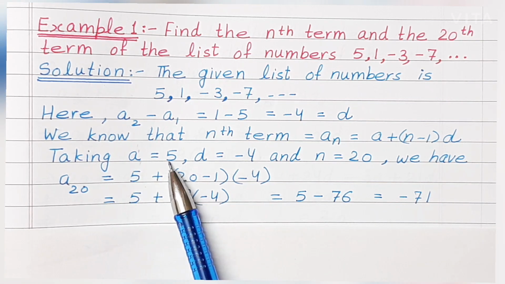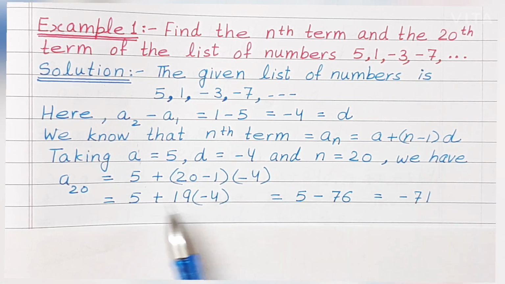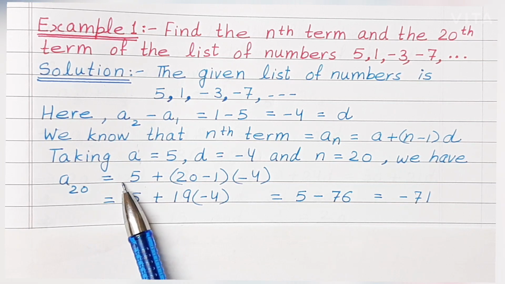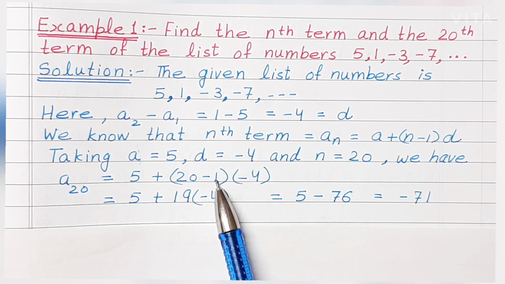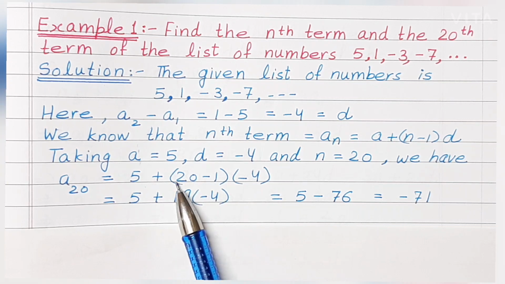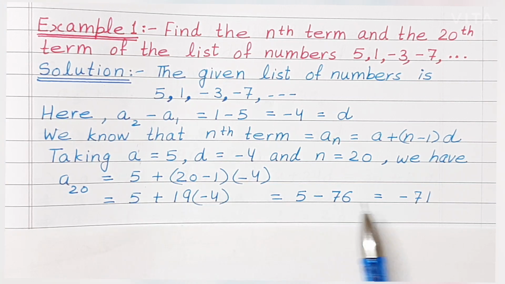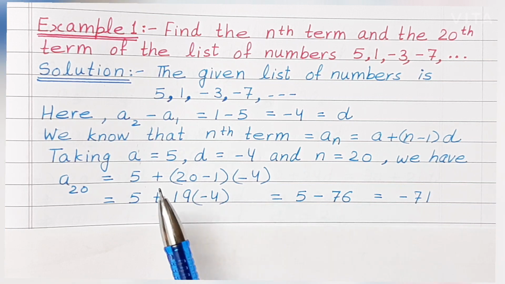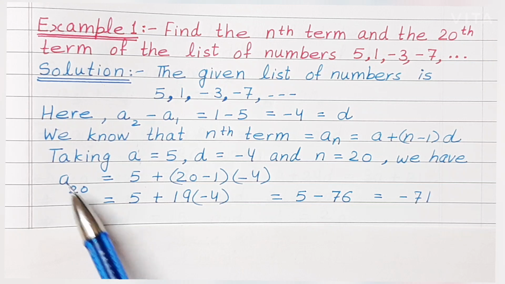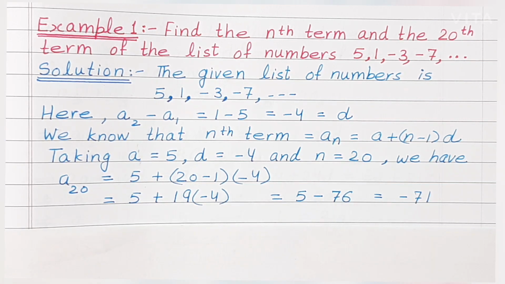Taking a 5, d minus 4 and n 20, we have a 20 is equal to 5 plus 20 minus 1 into minus 4, because n is 20 here. After solving this, the answer is minus 71. Remember here A20 means 20th term and An means nth term. I hope it is clear to everyone.